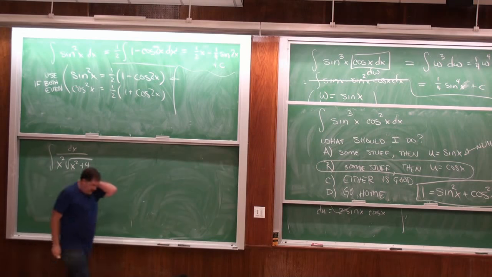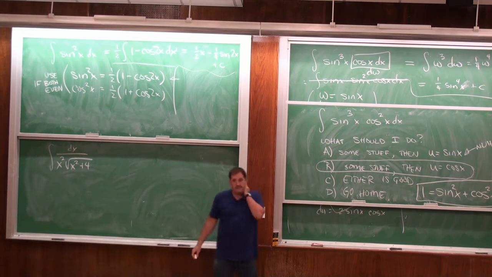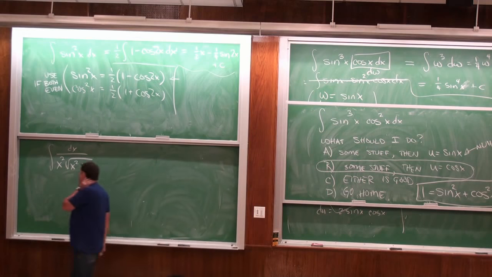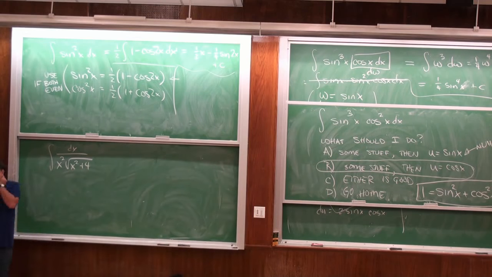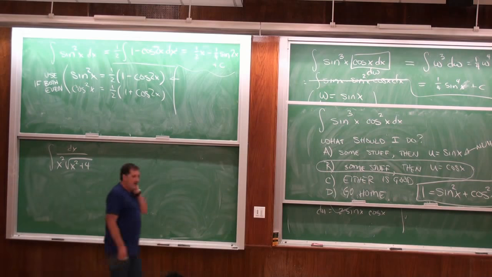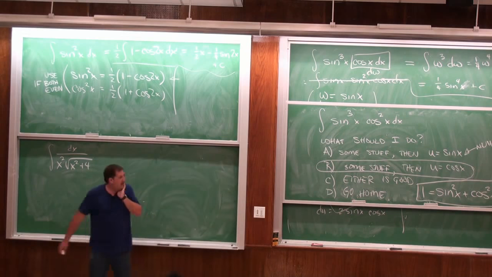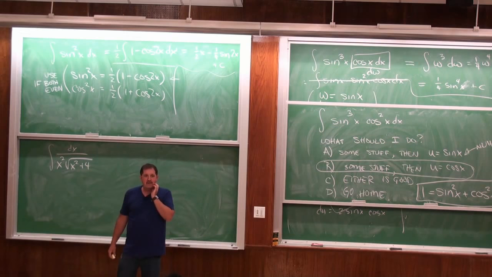So, say I have one like this. Now here, if you try substitutions, it's not going to be so good. Well, there's a right substitution you can make. The trick to notice here is actually there's some trigonometry going on here. It just doesn't look like it. Somebody said something.